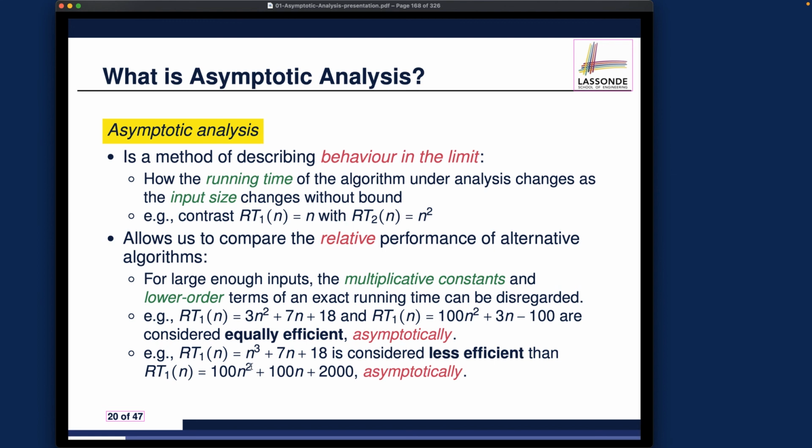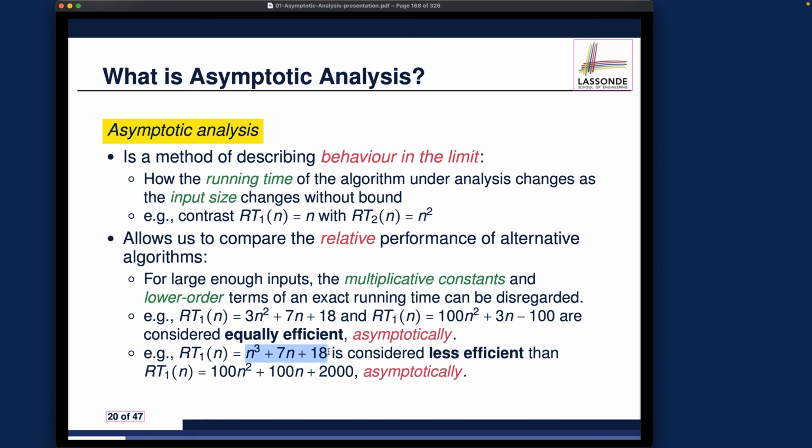And similarly, how about this formula over here versus this formula over here? Well, asymptotically, as you can see in the bullet points, after dropping all the multiplicative constants and lower terms, we will get n cubed versus n squared. You can see the 3 over here is strictly larger than the 2 over here. So we would say this runtime function is going to grow much more quickly towards infinity.